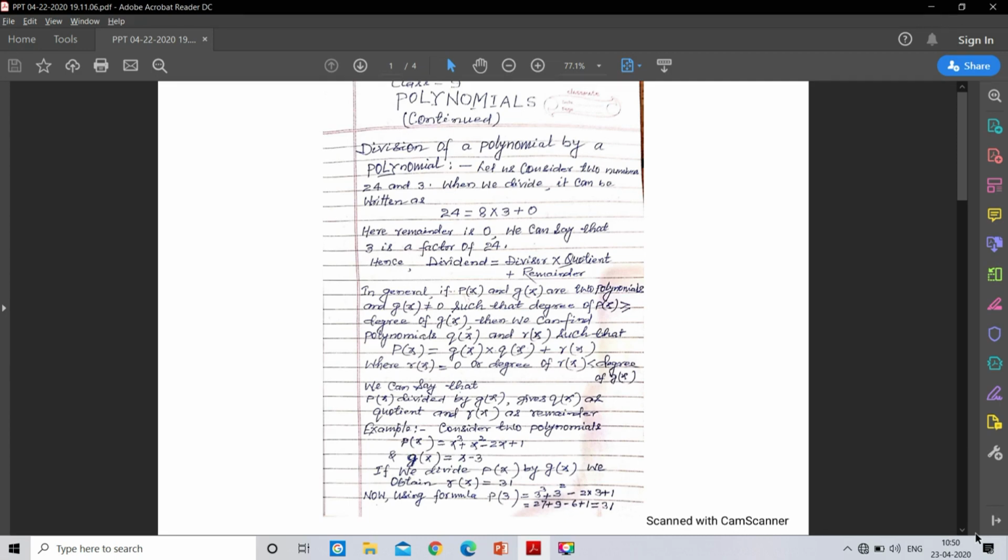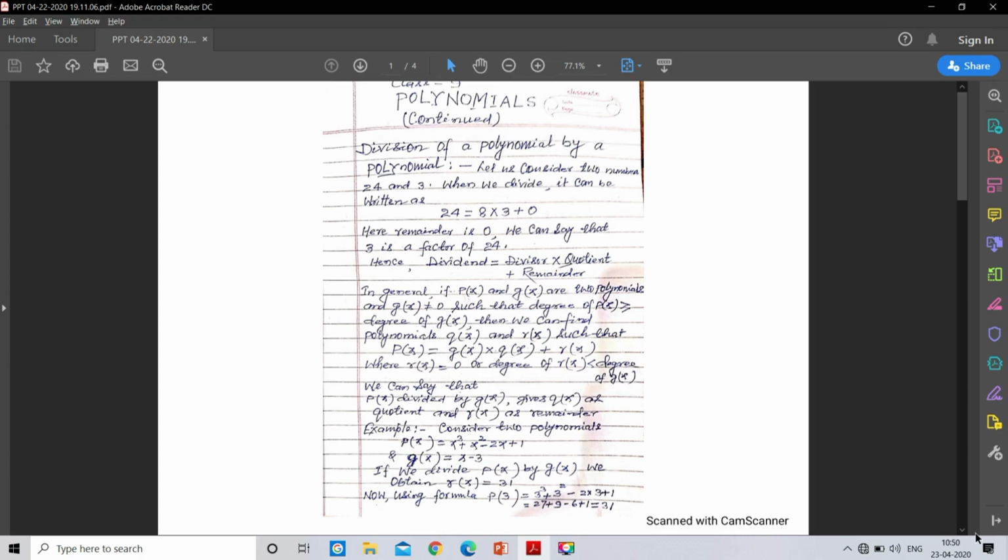Example: consider two polynomials, p(x) is equal to x cube plus x square minus 2x plus 1 and g(x) is equal to x minus 3. If we divide p(x) by g(x), we obtain r(x) is equal to 31.